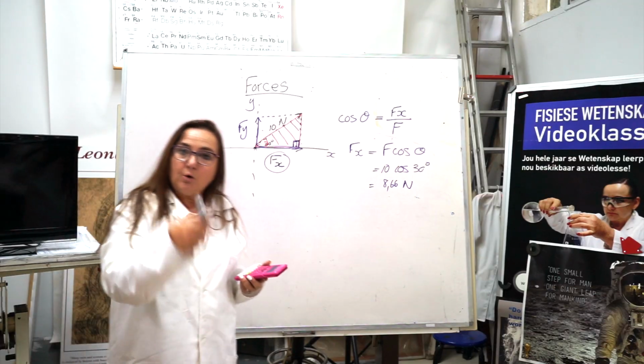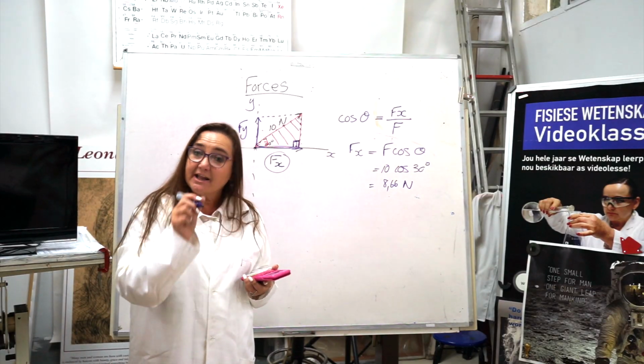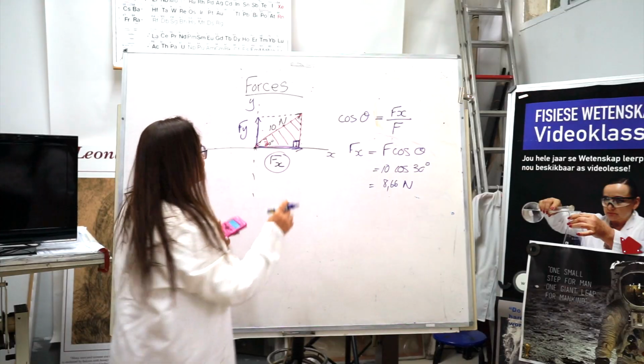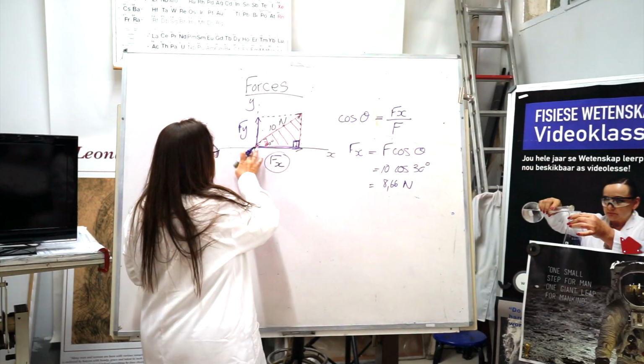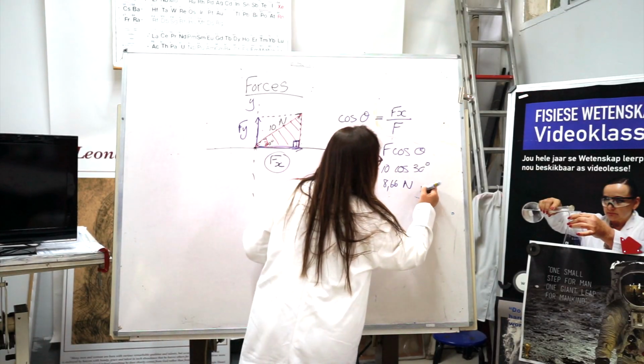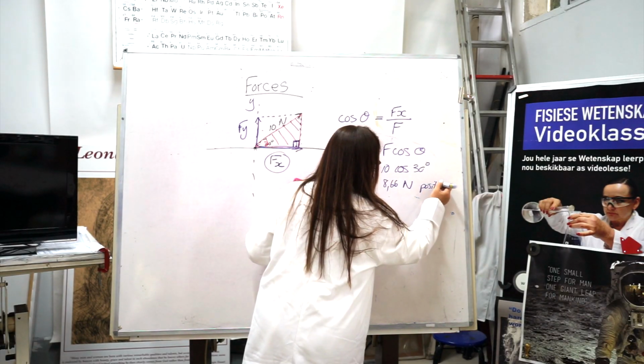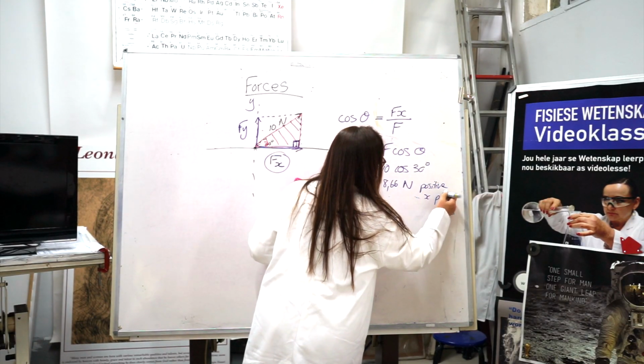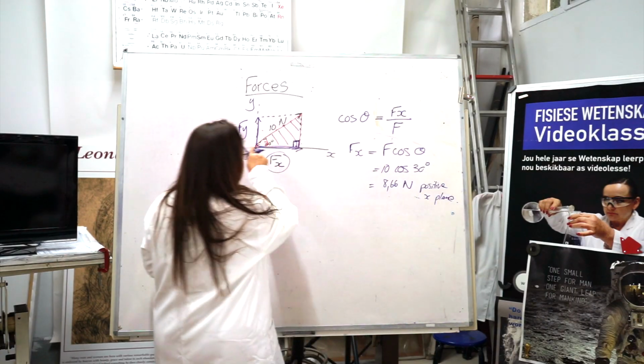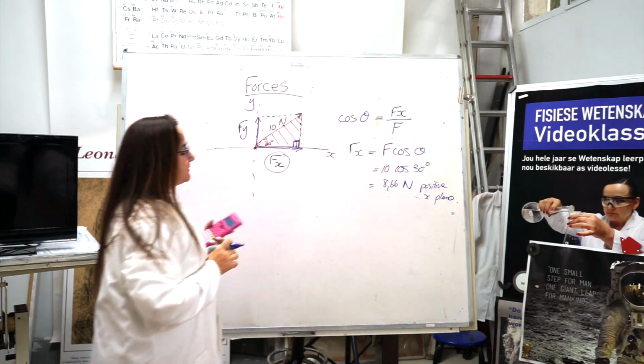Now remember to always give a direction, otherwise you're not going to get your mark there. So what would be my direction? It would be in the positive x-plane, so in the direction of the positive x-plane.